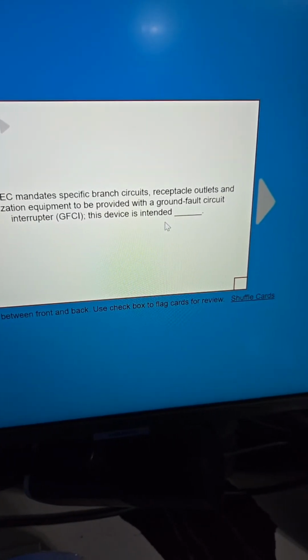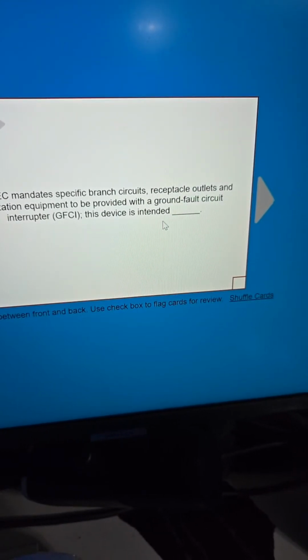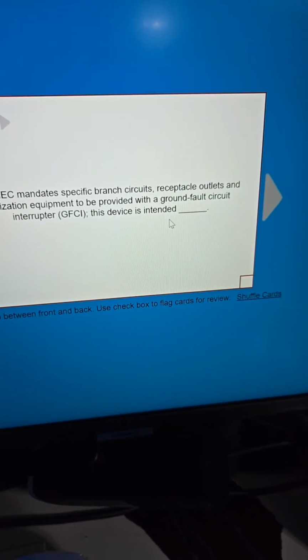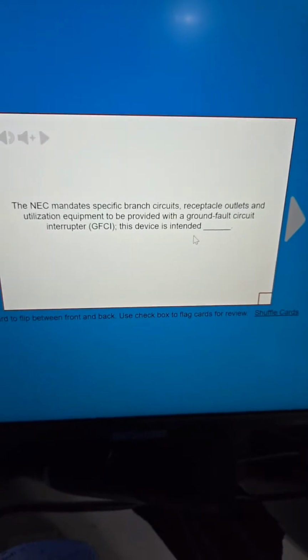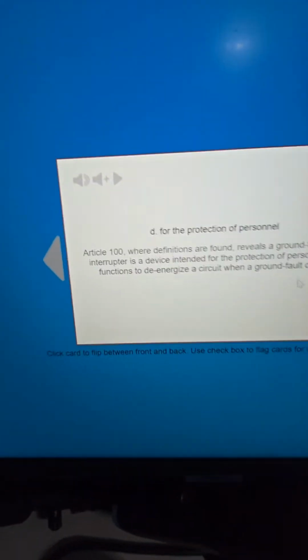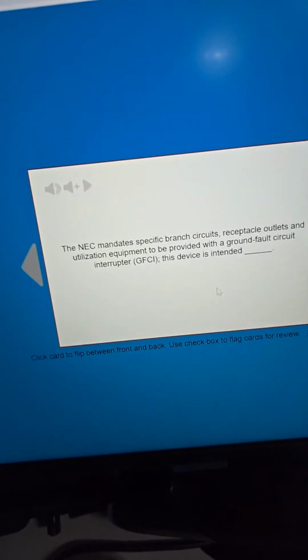This device is intended to what? Trip at 6 milliamps? Prevent someone from dying? This is so vague. This device is intended to be on the line side of... I don't know what this one is. We're just going to go. For the protection of personnel. Yeah, we pretty much got that right. Not to kill people. Next.